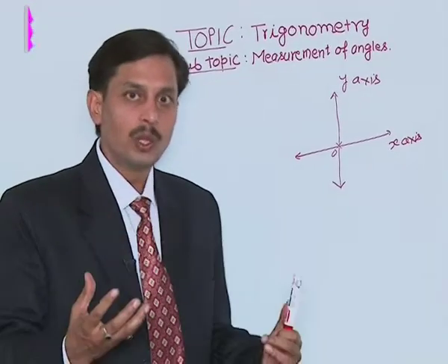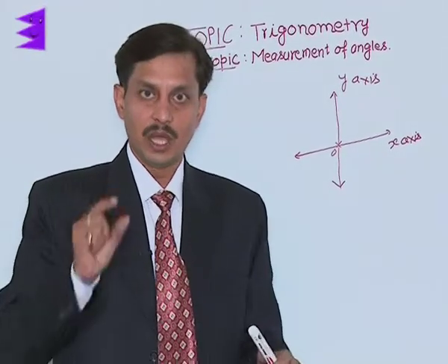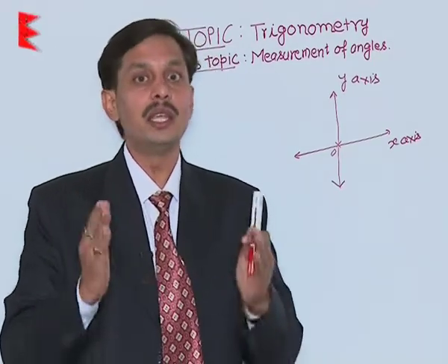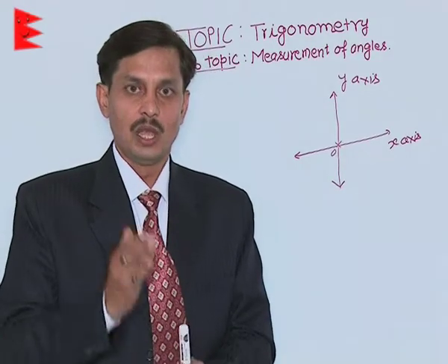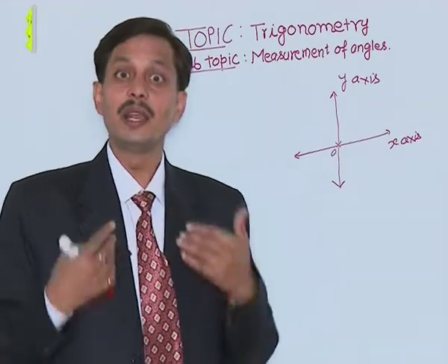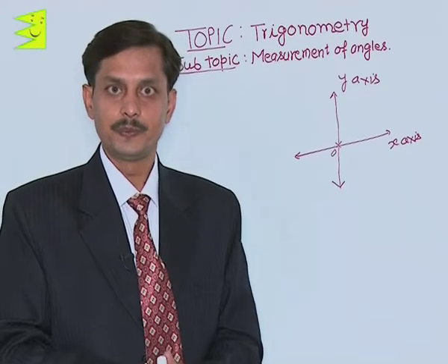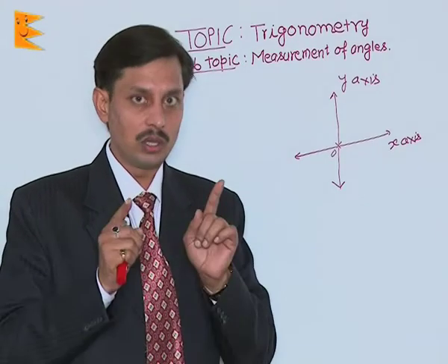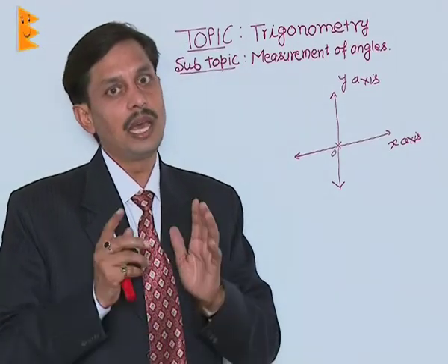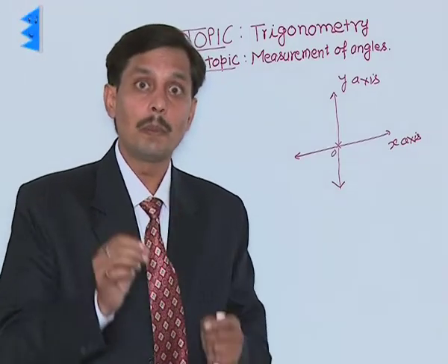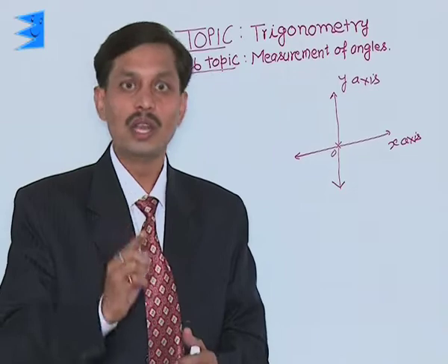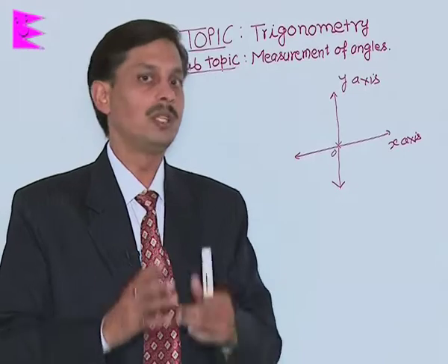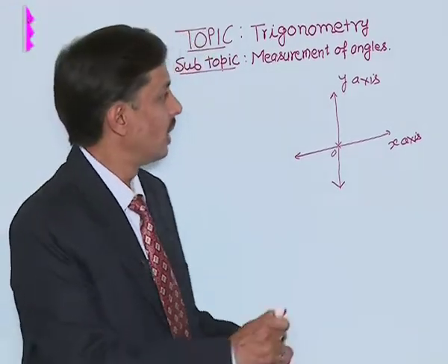To explain what a degree is: if one right angle is separated into 90 equal parts by drawing 89 equally inclined rays, then the measure, or inclination, of each part is known as 1 degree. So measuring angles in degrees, which is very common, comes from this.